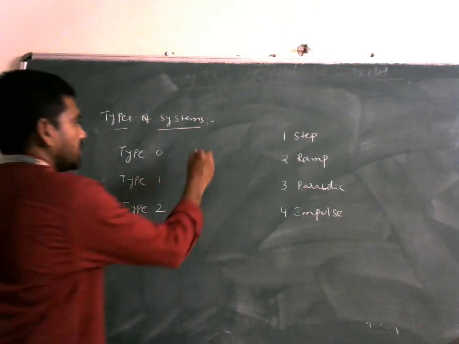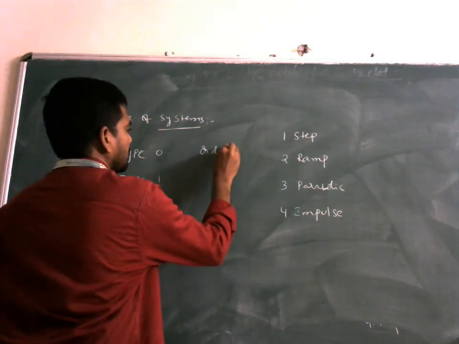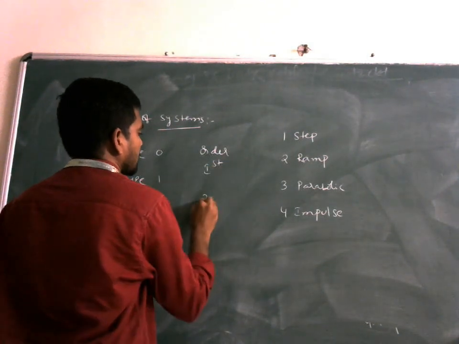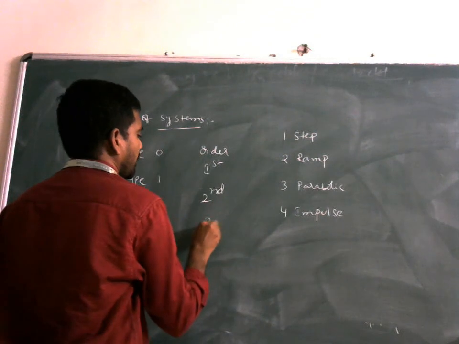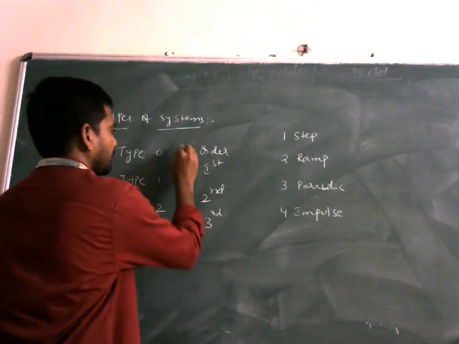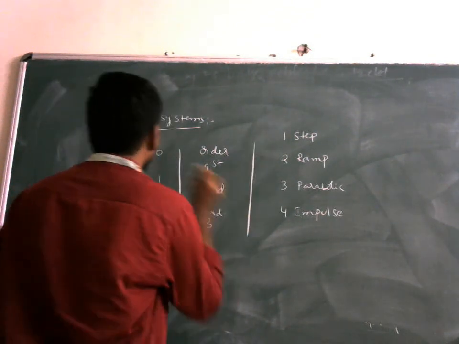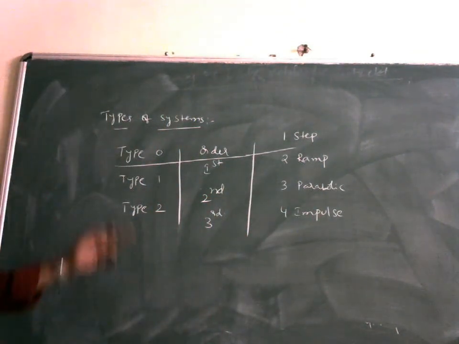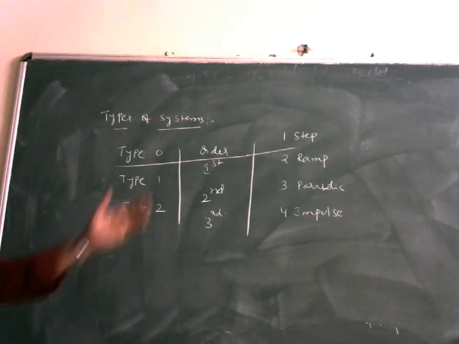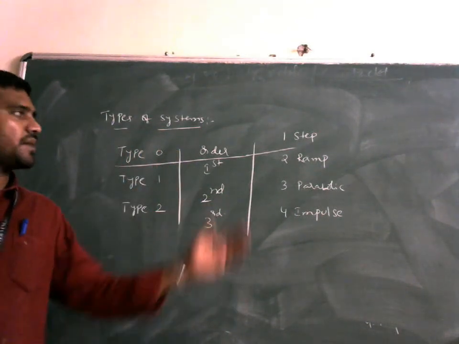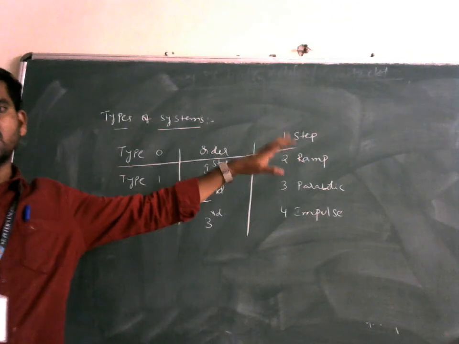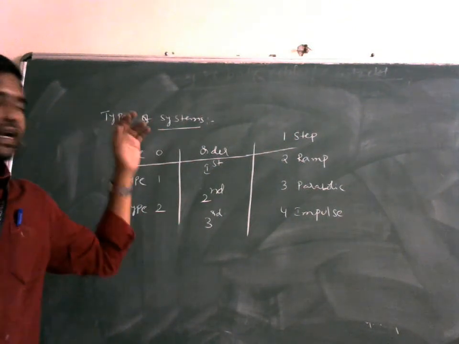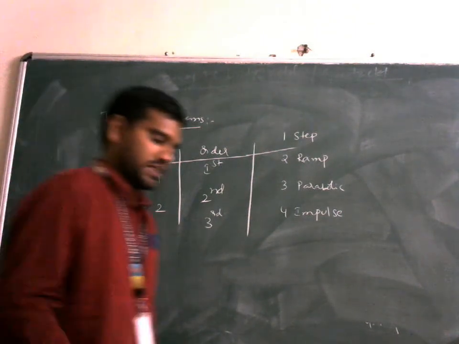Similarly, we are having order of a system: first order system, second order system, and third order system. I am having different types of the system as well as different orders of the system and different test signals, that is step signal, ramp, parabolic, and impulse. Like that we are having different types of signals.